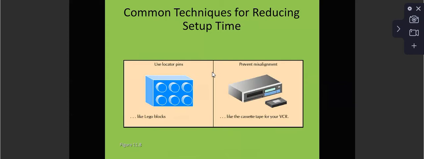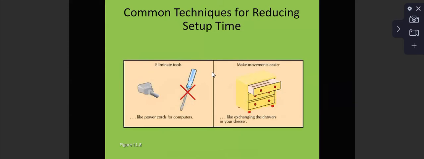We have an approach with locator pins, like we use in Lego blocks. We also have, for example, the operation like the cassette tape for the video tape here, to prevent misalignment. There are a number of examples here of how we reduce the setup activity and eliminate the setup activities.